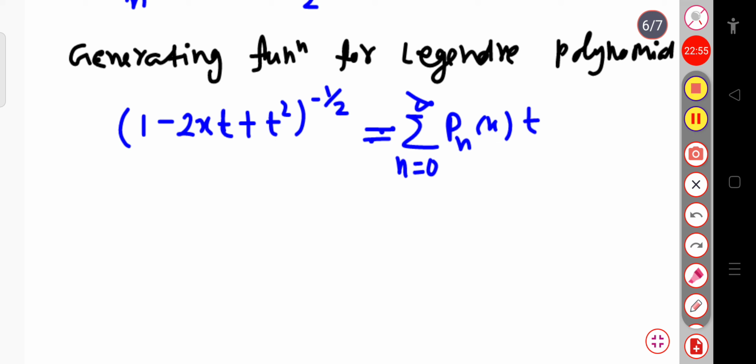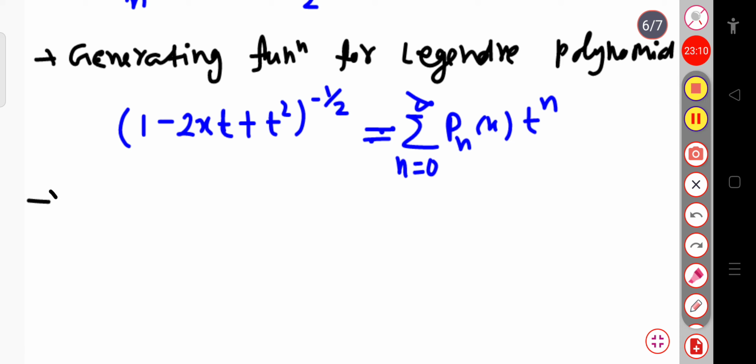So this is called the generating function for the Legendre polynomial.